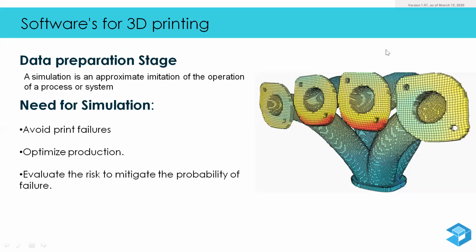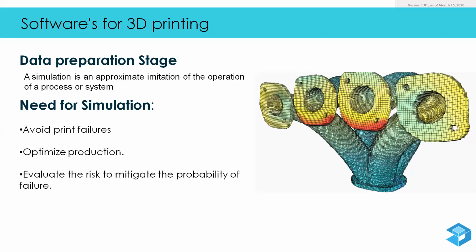In a 3D printing context, let's say this simulation was for supports. You'll get to know where you have to put the supports. If you are lacking supports in some areas, the simulation will tell you that the part is not anchored properly to the base. The simulation gives you an imitation of the process operation that is going to happen in the end, so you can avoid printing failures and optimize your production.